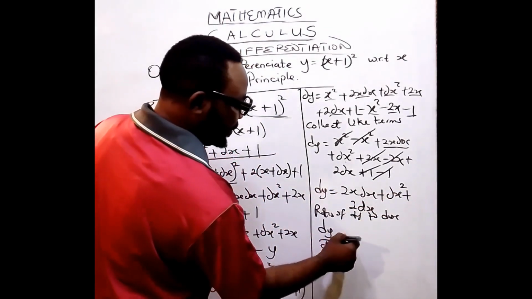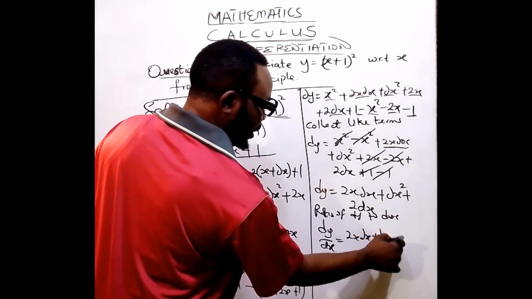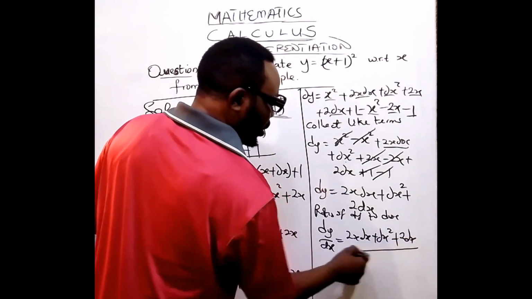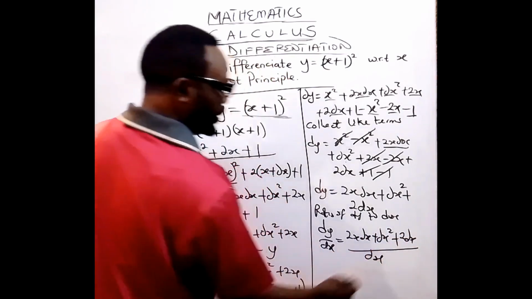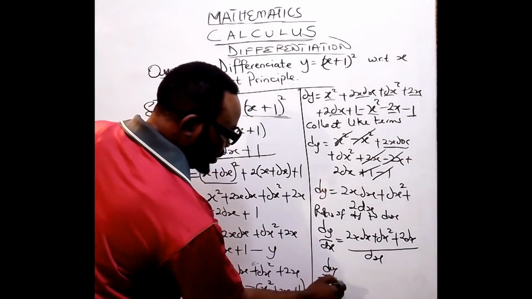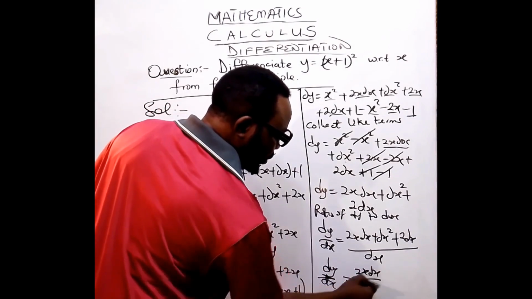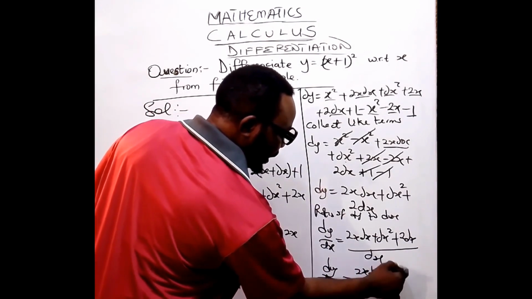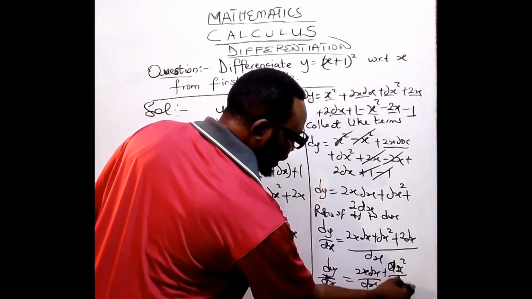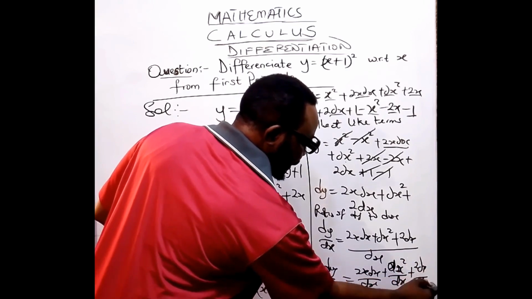So we are going to have 2x dx plus the x squared plus 2dx all over dx as well. So we have dy over dx now equal to 2x dx over dx plus the x squared over dx as well plus 2dx over dx.